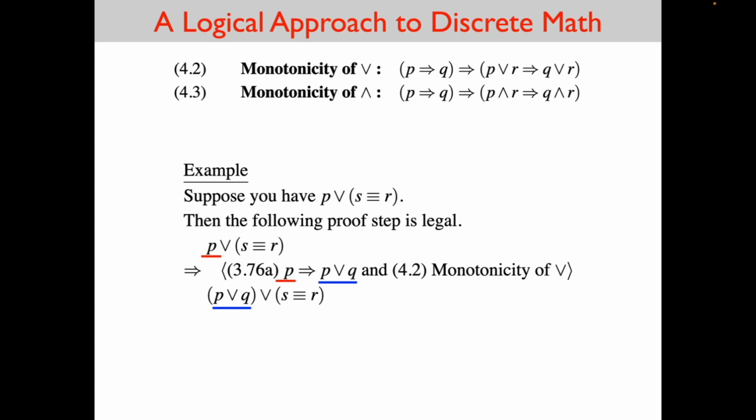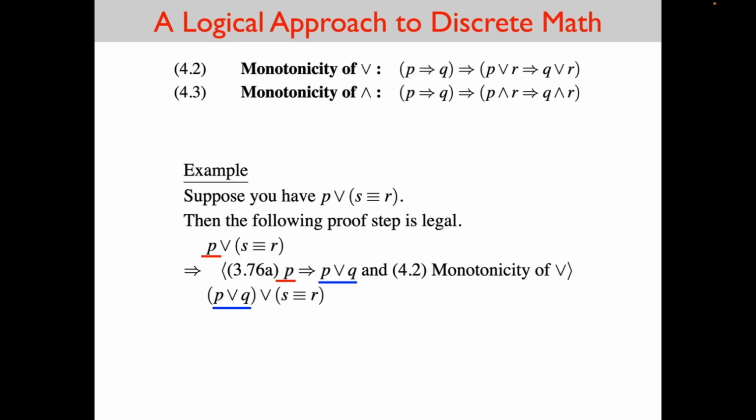But now this hint is unique in that it requires two previously proved theorems, 3.76a and 4.2, and furthermore they cannot be separated. It is not possible to do 3.76a in one step, and then 4.2 monotonicity in another step. They are intricately bound together, and they both need to be quoted in this hint.